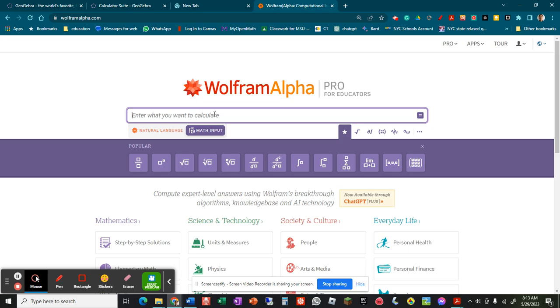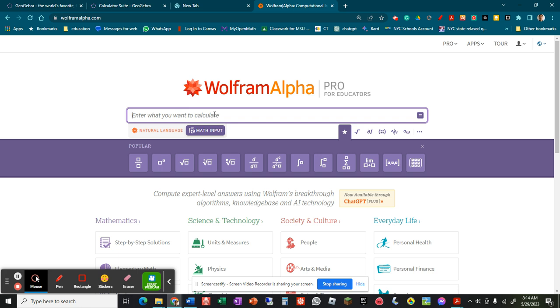It's more capable of doing algebra, and GeoGebra is more capable of doing geometry, although both can do all of this. I feel more comfortable using Wolfram Alpha for algebra.